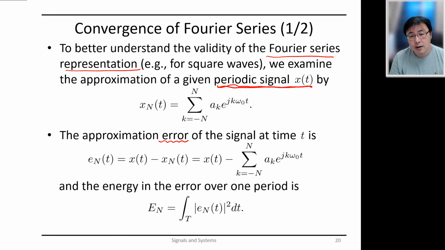So if there exists a Fourier series representation for x of t, then you expect that as capital N goes to infinity, the difference should go to 0. So you hope that as capital N goes to infinity, x of N of t becomes more and more like x of t and eventually becomes the same.